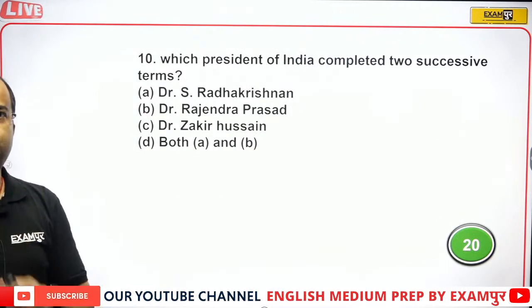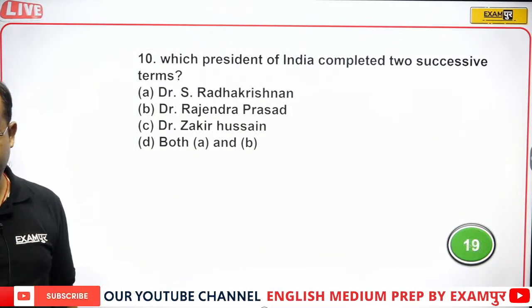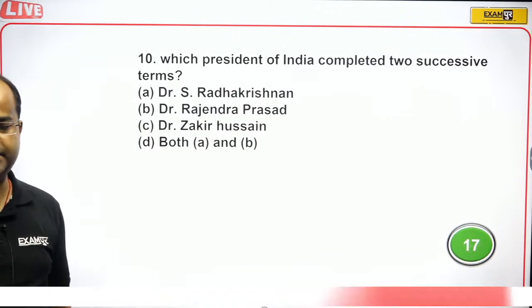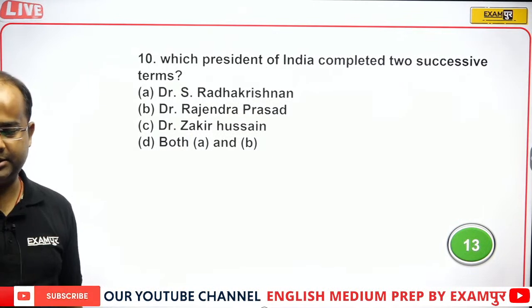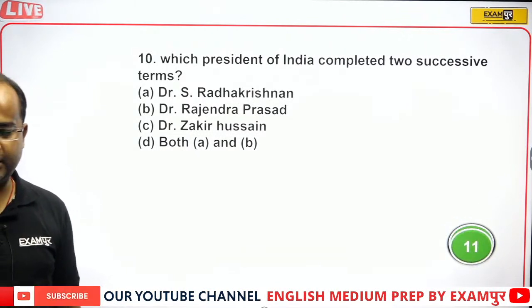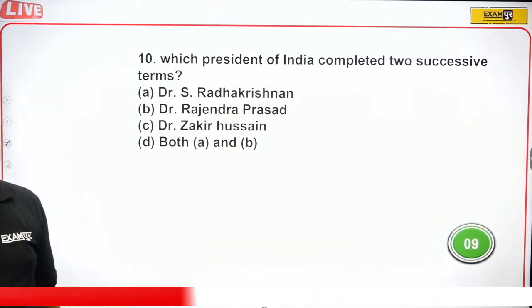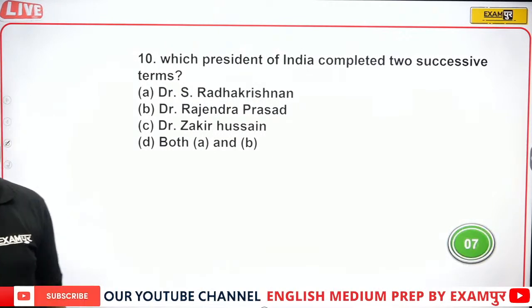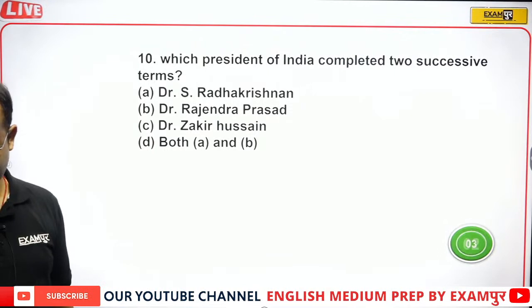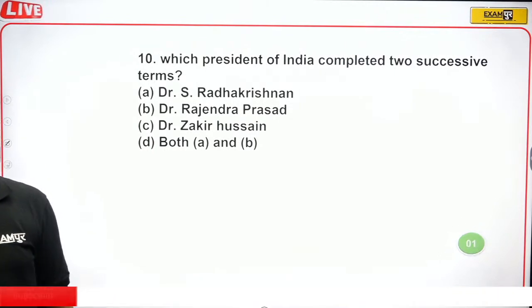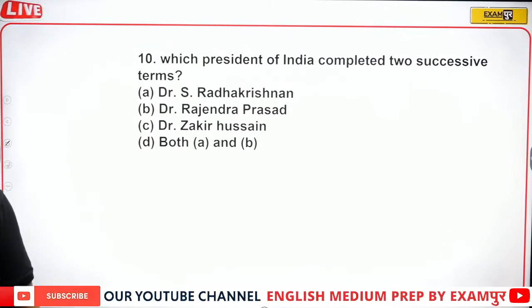Now come to the next question. Which president of India, guys, completed 2 successive terms? Is it Dr. S. Radhakrishnan, Dr. Rajendra Prasad, Dr. Zakir Hussain, or both A and B? So what will be the correct answer?